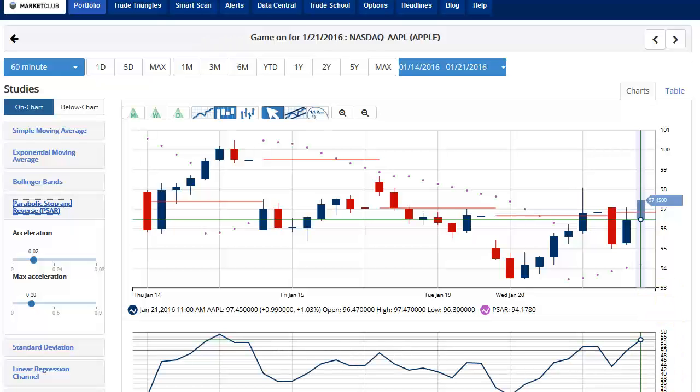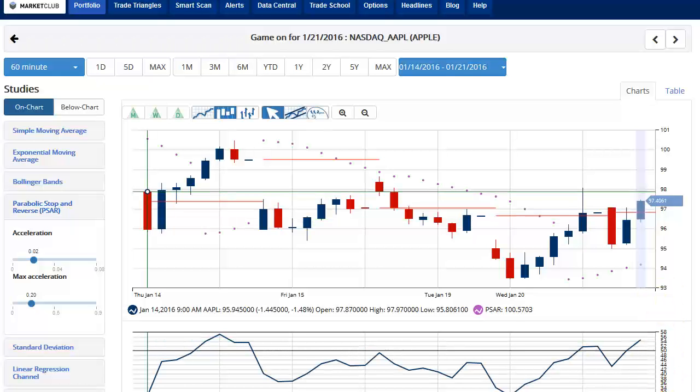Now the other thing to look at right here is the parabolic, because if you were short Apple, for example, one of the questions we had from one of our members was they were short Apple and they were concerned about what to do. Well, if you were really concerned, you could take short-term profits when the market went over this line right here. This is the parabolic.